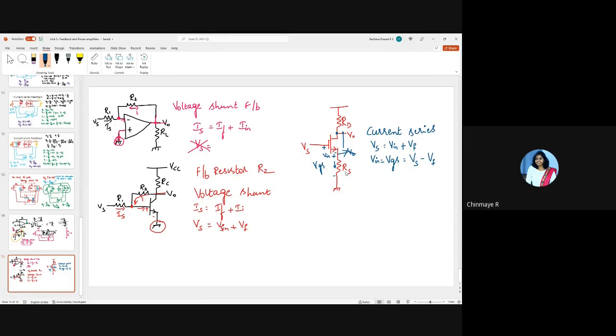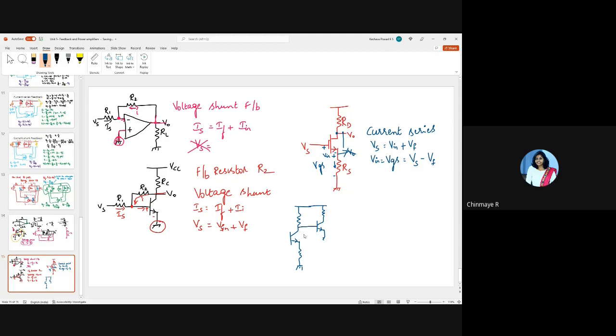Okay, we'll do one more circuit and then we'll go ahead solving the problems. The circuit that I'm going to write next might look big, but I'm not asking you to solve the circuit. I'm just asking you the kind of feedback. That's all. So it's basically you're cascading two or more amplifiers here.